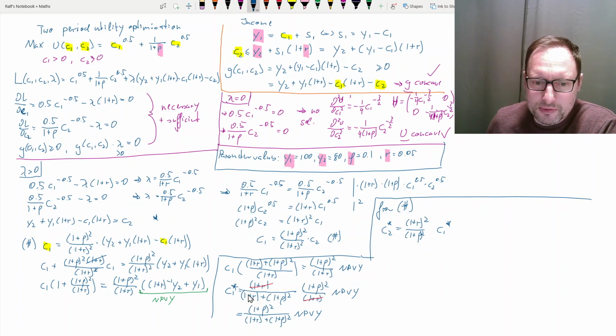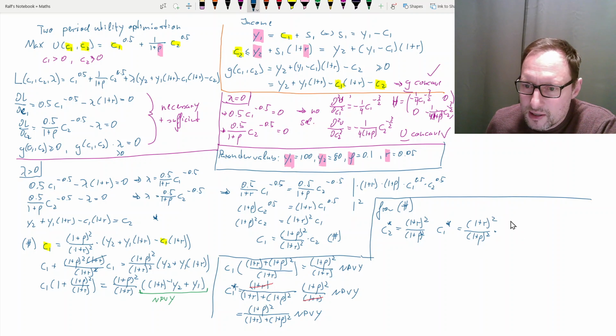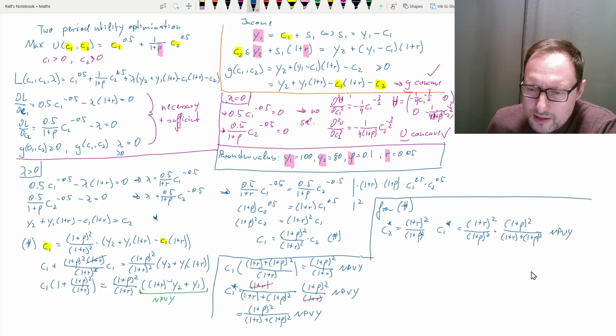So if we substitute our optimal C1 in, we're getting (1+r)² over (1+ρ)², and now times the optimal C1, which is (1+ρ)² divided by (1+r) plus (1+ρ)² times the net present value of the income.